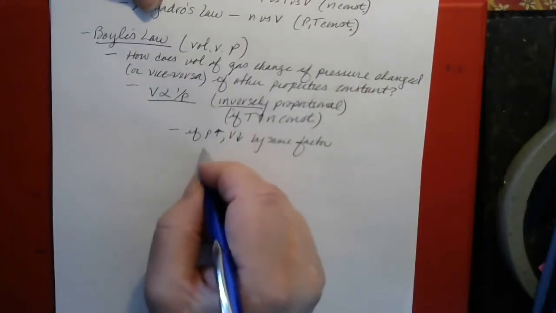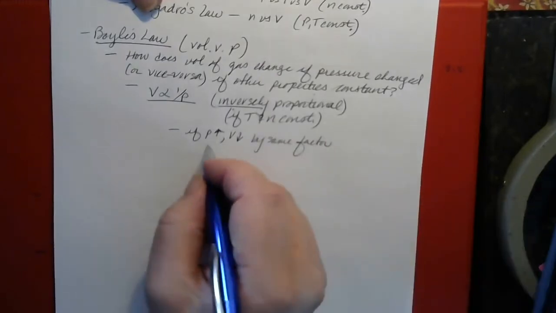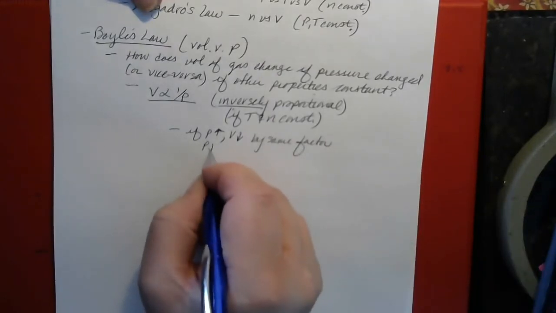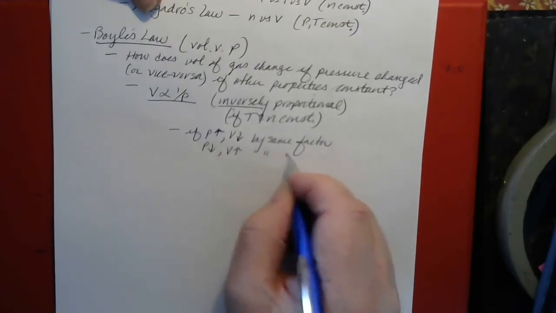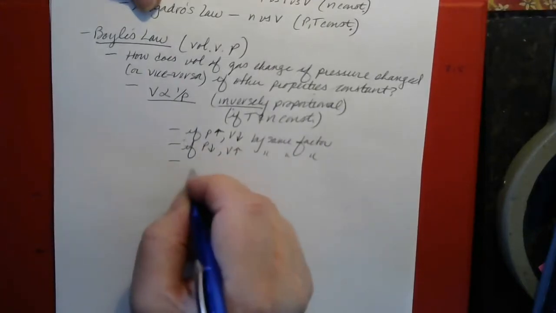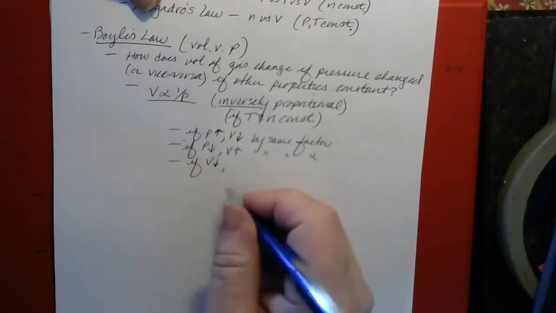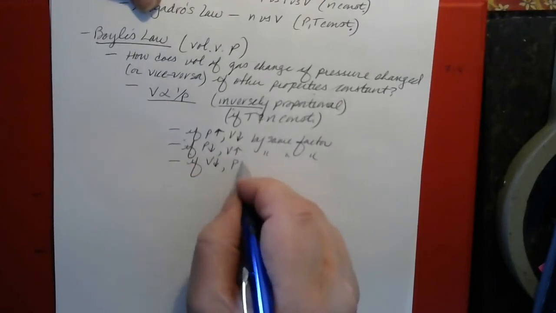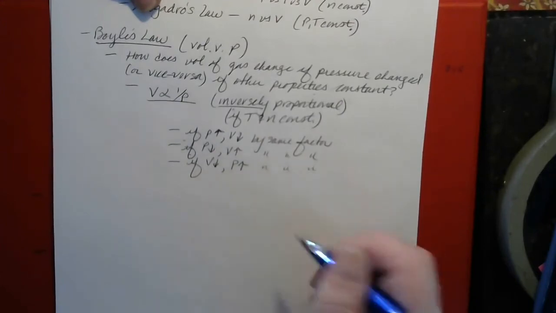If pressure goes down, the volume will go up by, again, the same factor. If you change the volume and you compress the volume, then the pressure goes up by the same factor.